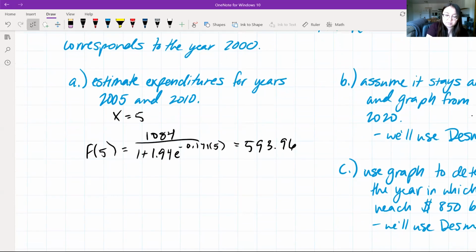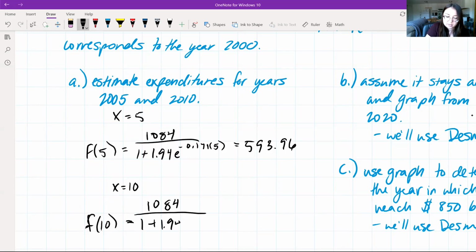And now we want to calculate for 2010, which is going to be x is equal to 10. So f of 10 is going to be equal to 1,084 divided by 1 plus 1.94 times e to the negative 0.171 times 10.